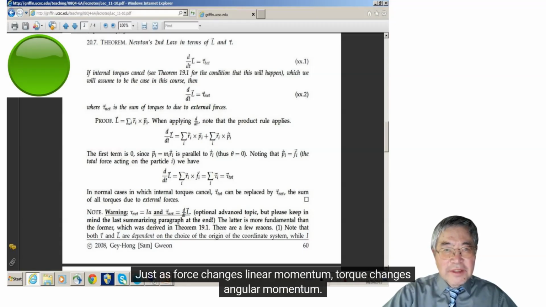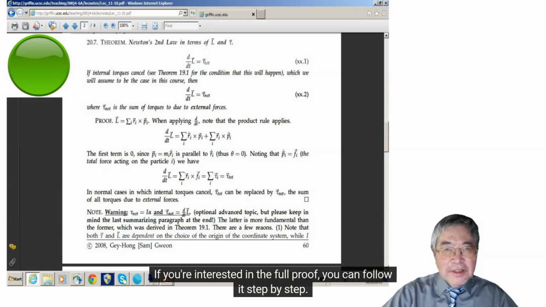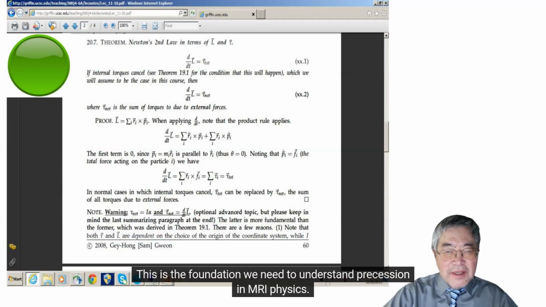Just as force changes linear momentum, torque changes angular momentum. The derivation on this slide shows the details. If you're interested in the full proof, you can follow it step by step. If not, you can simply trust the key result: the rate of change of angular momentum equals torque. This is the foundation we need to understand precession in MRI physics.